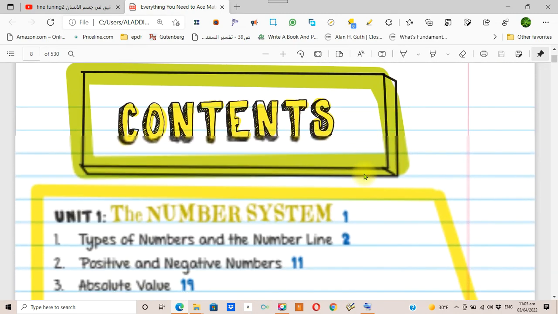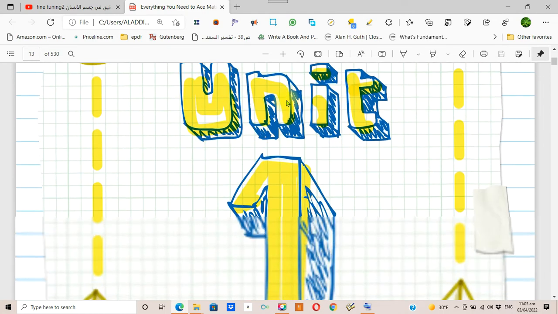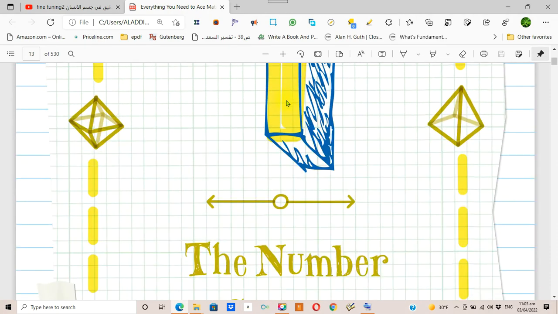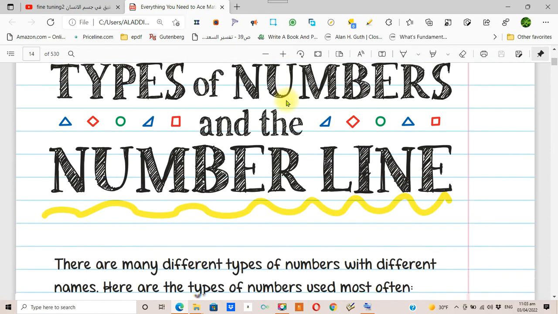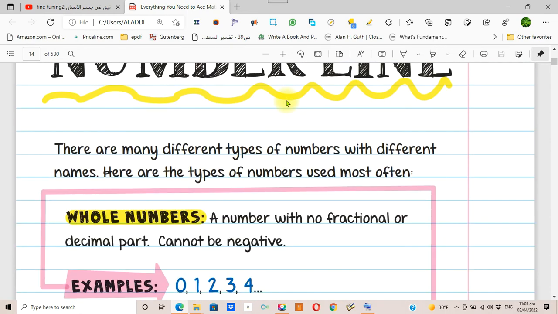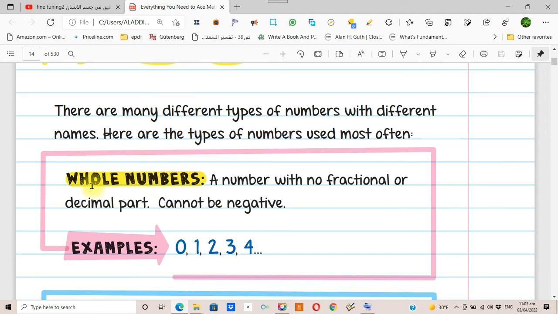Well, we should start. We start with the number system. We're gonna learn the language of numbers. Okay. This is the first terminology. Whole numbers. What's whole numbers in the language of math?